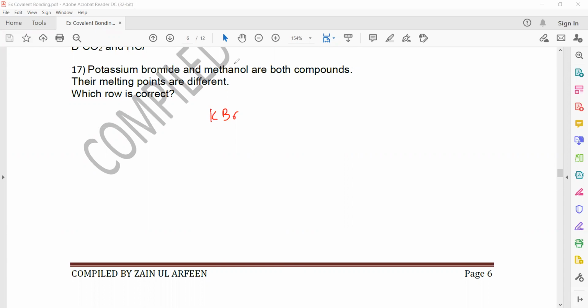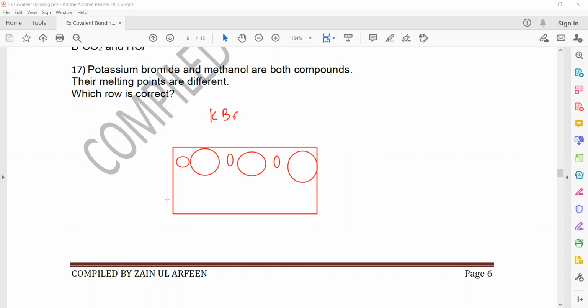What does it mean? It will have a giant lattice of positive and negative ions. Positive potassium ions will be there and negative bromide ions.